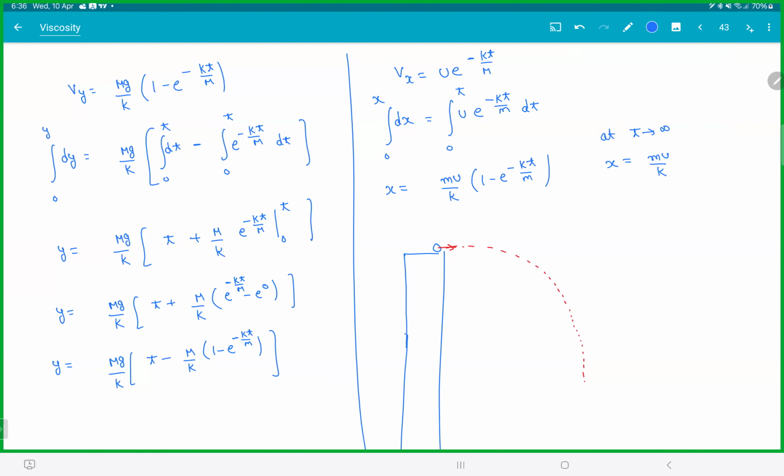It's a very tall building where this value is mu by k. So there is kind of a limit here. You cannot cross that x coordinate. This is becoming straight, straight, straight, and eventually the velocity becomes infinity.